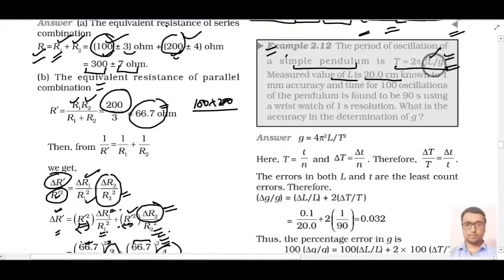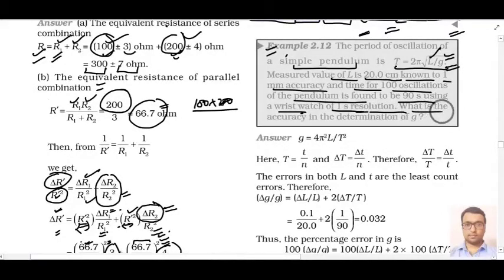It is given that the length of the thread or wire is 20 centimeter, known to be 1 mm accuracy. This is the possible error. The time for 100 oscillations of the pendulum is found to be 90 s, using a wristwatch or stopwatch, and its resolution is 1 second. Then it is asking what is the accuracy in determination of g.